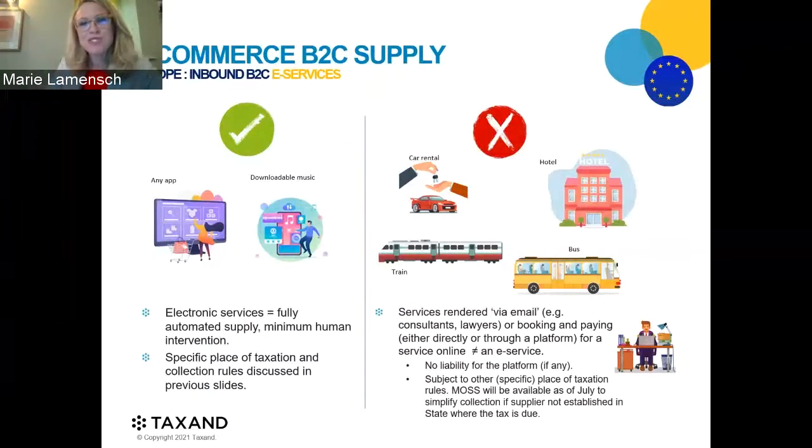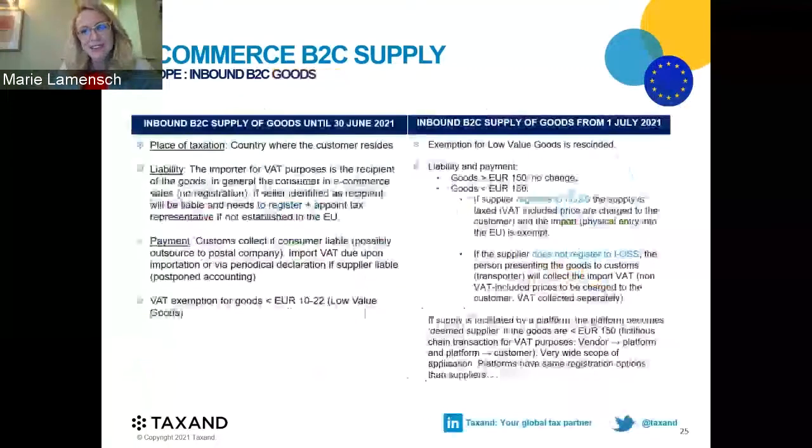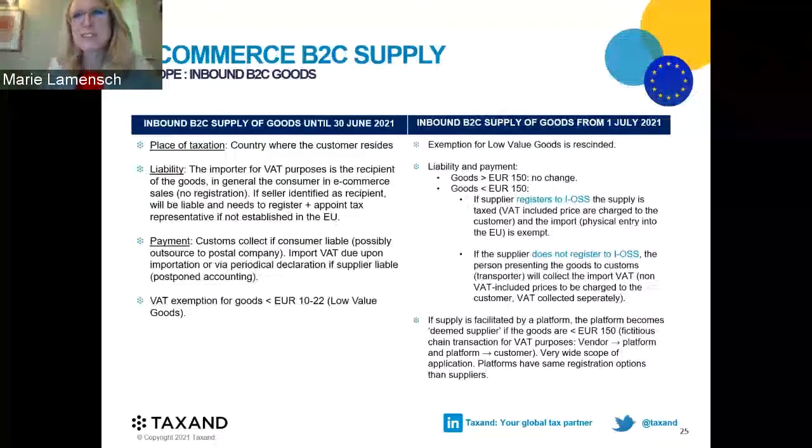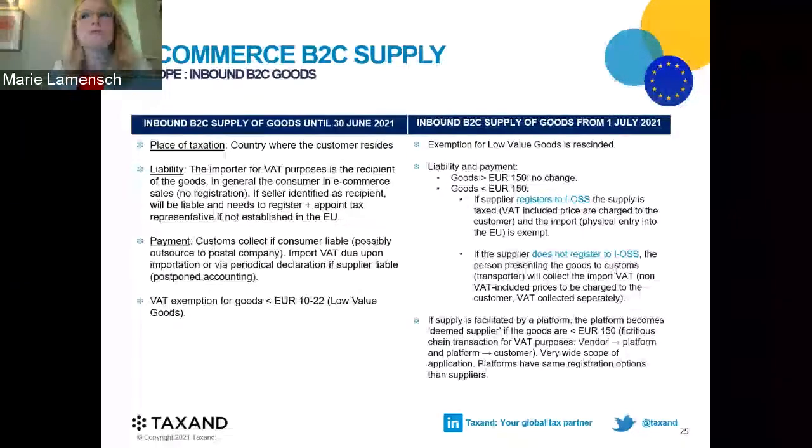Now, if we move to the next slide, let's have a look at the situation of goods. If you have an e-commerce supply of goods to a consumer residing in the EU, this slide is a bit busy, and that's because we're going to have new rules coming up from 1st July.